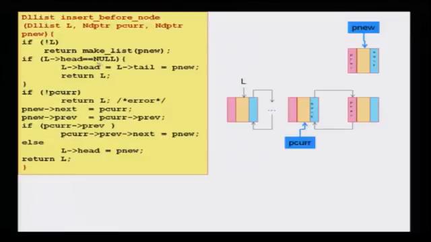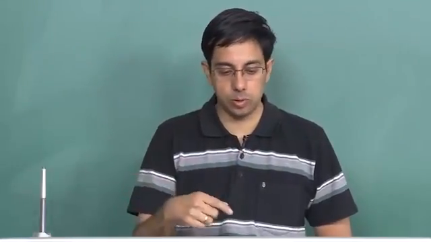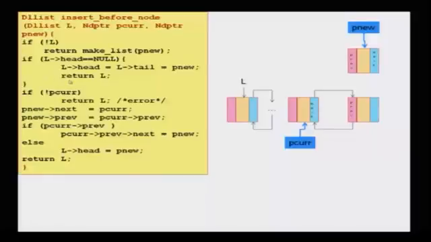Now, if the head of the list is null, then you just say that the new list contains only one node, L head will point to new, L tail will point to new. So, if the list itself was null, then you create a new node, now the new list contains only one element. The head will point to that and the tail will also point to that, okay, and you return that.